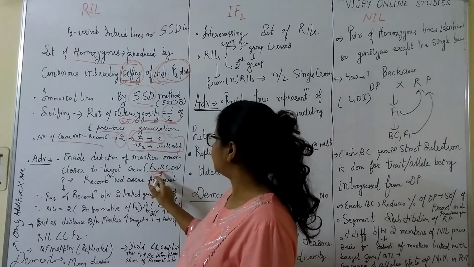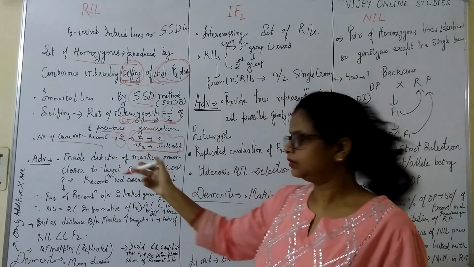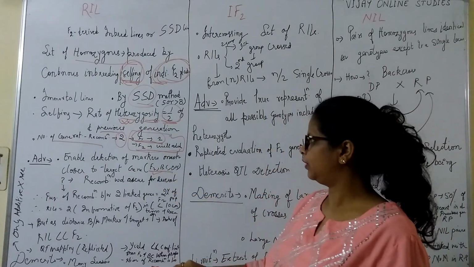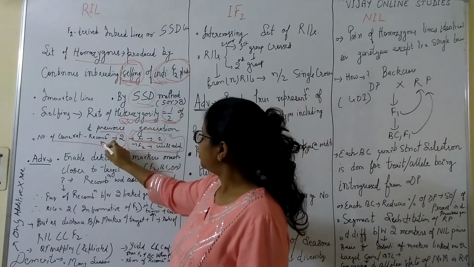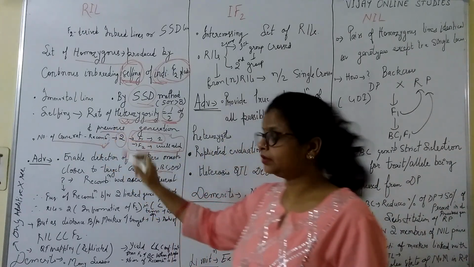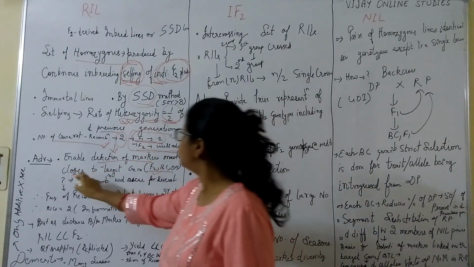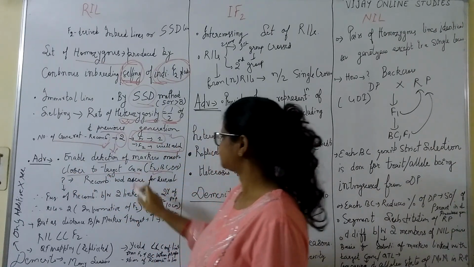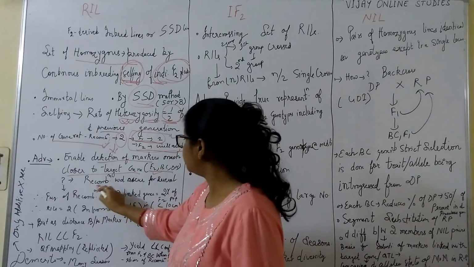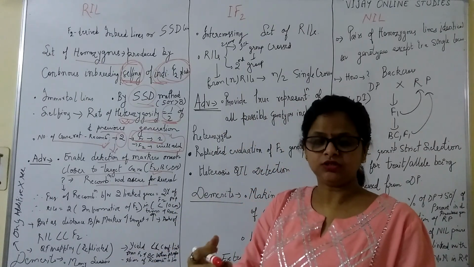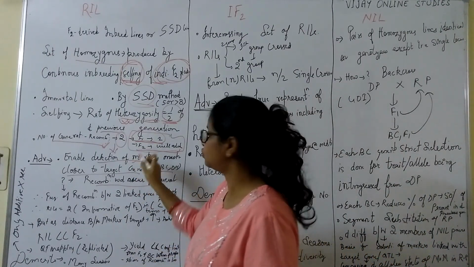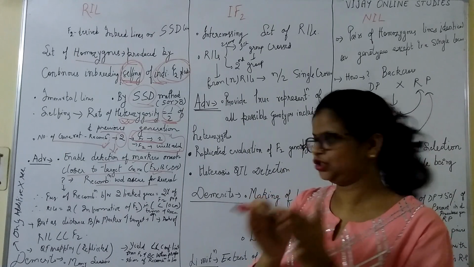That is one of the advantages over F2, backcross and double haploid. Because of this more recombination, it enables the detection of markers closer to the target gene, because recombination occurs for several generations.